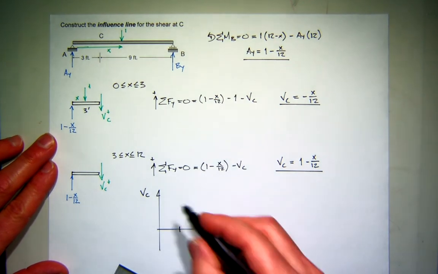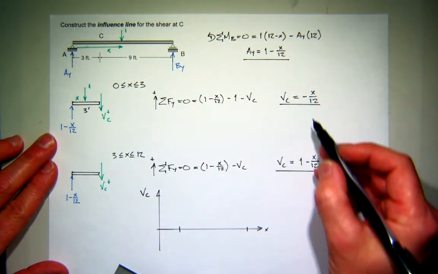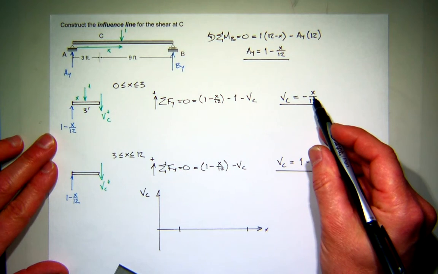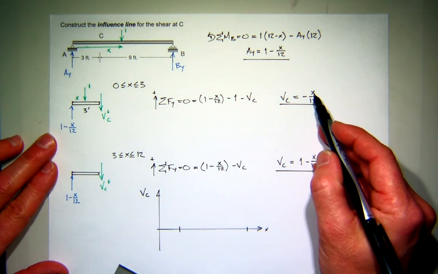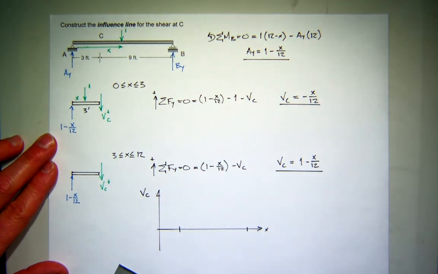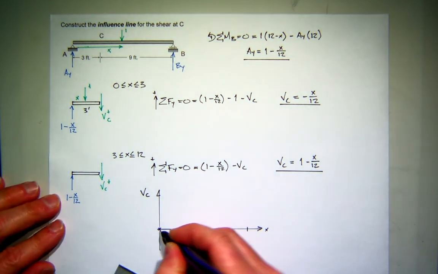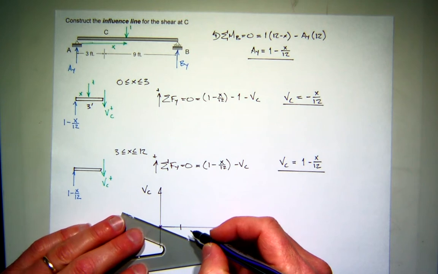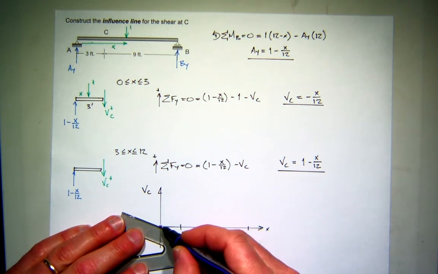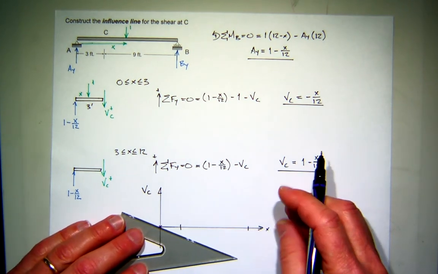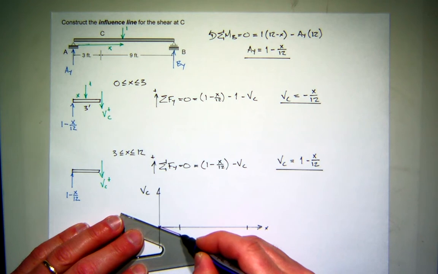So from 0 to 3, I use this equation, which starts off at 0, I have a 0 value, right? And then at 3, I have what? Negative 0.25. So it looks something like this.